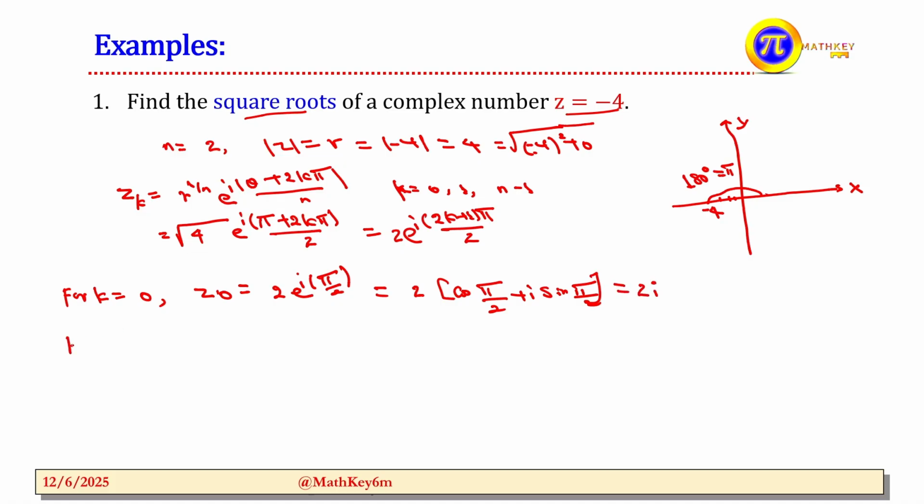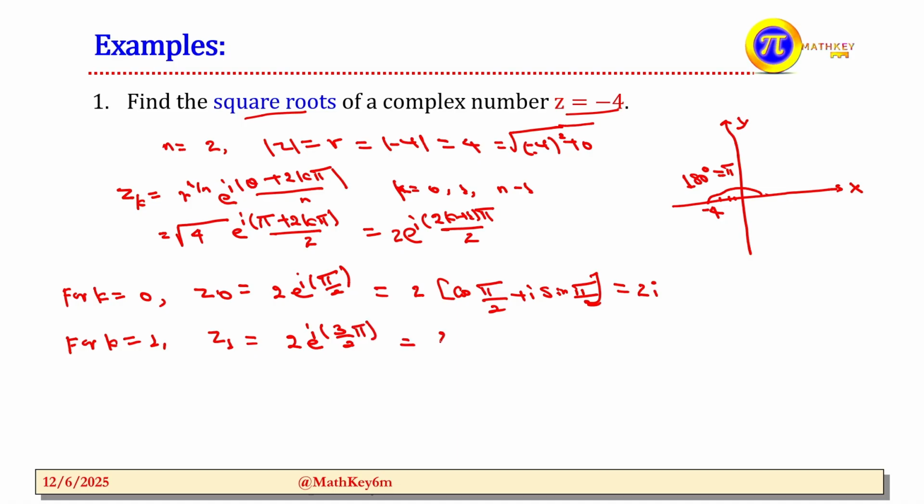This is equal to 2i. Similarly, for k equals 1, z1 equals 2 times e to the power of i times, here 2 times 1, that is 2 pi plus pi, which equals 3 over 2 pi.